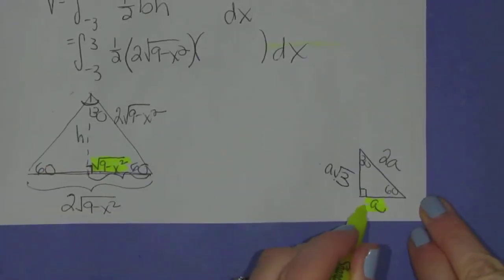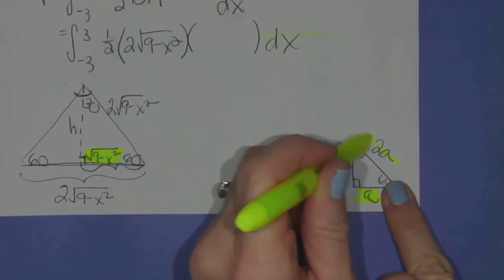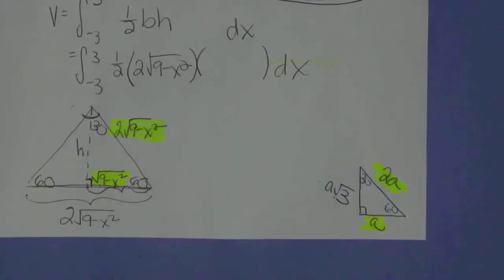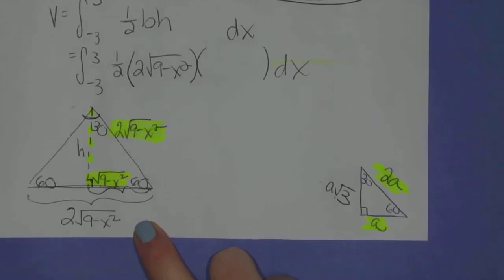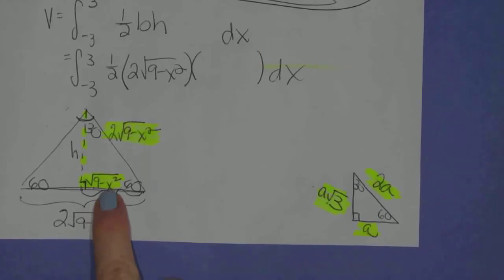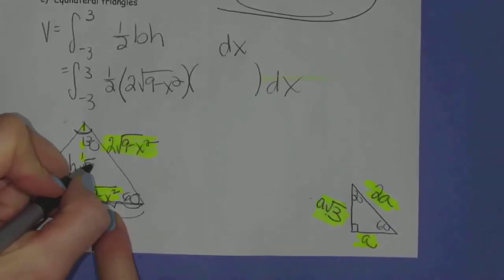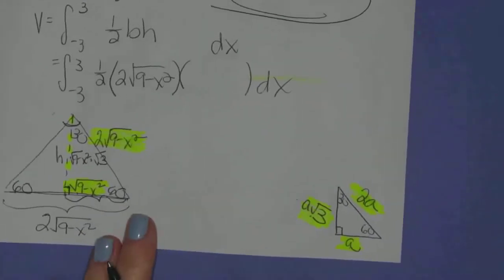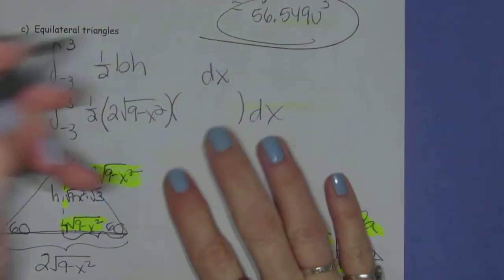That's the A. Now look across at the hypotenuse, twice that, 2A, so 2 times the square root of 9 minus x squared. So we can say that the height is A root 3, which is root 9 minus x squared times root 3. That's the height, and I didn't have to use the Pythagorean theorem to get it.